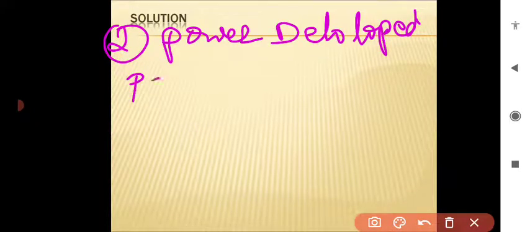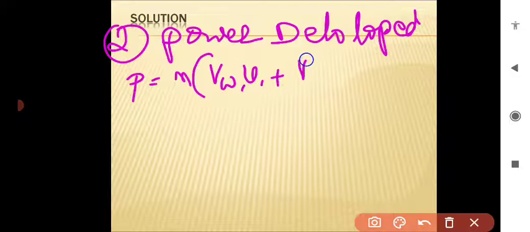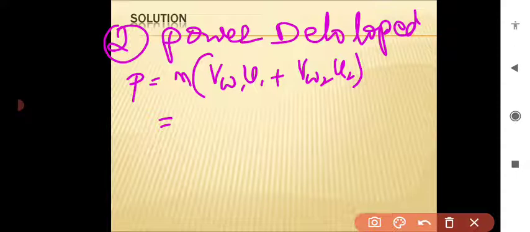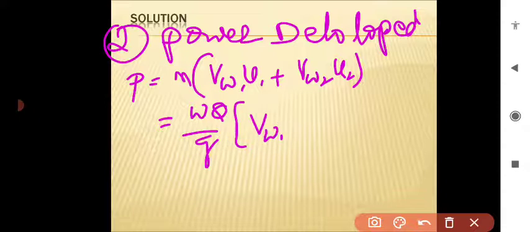So P is equal to m into (Vw1 u1 plus Vw2 u2), where m is equal to wQ by g, into Vw1 u1 plus, here Vw2 is completely 0. So substitute all the values in this equation.